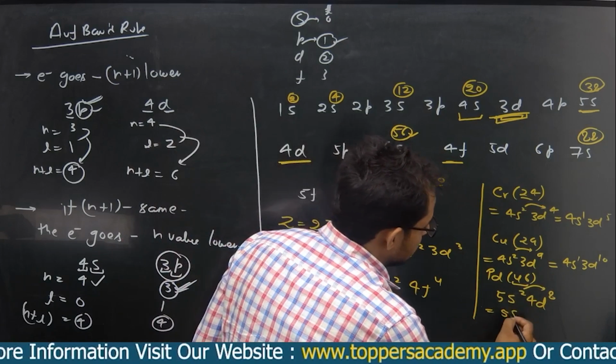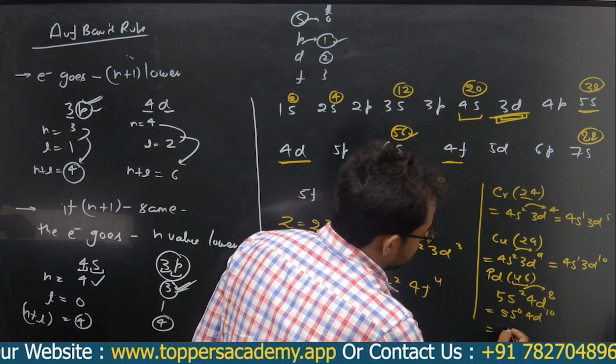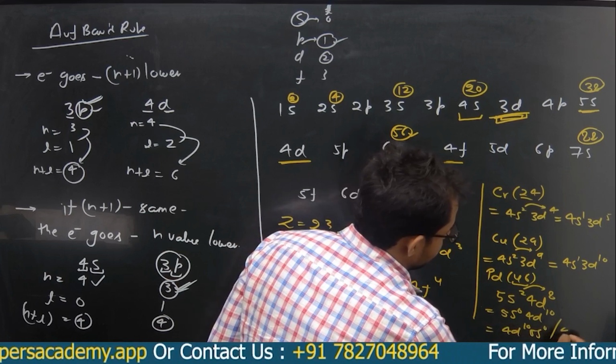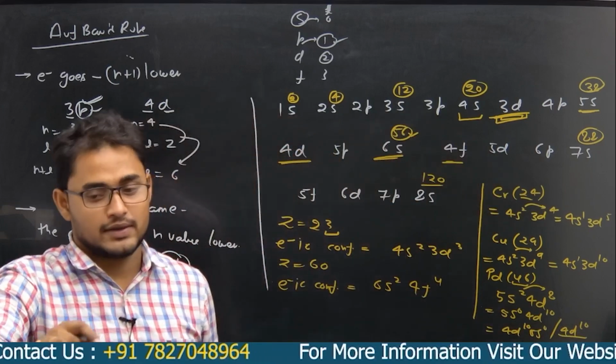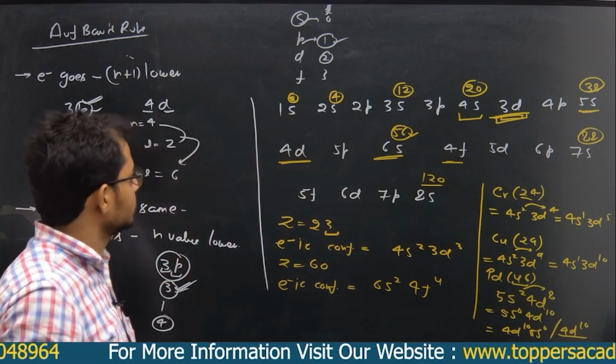So the final electronic configuration will be 4d10 5s0, or we can write it as 4d10 only, because there is no electron in the 5s subcell. Okay, it is like that.